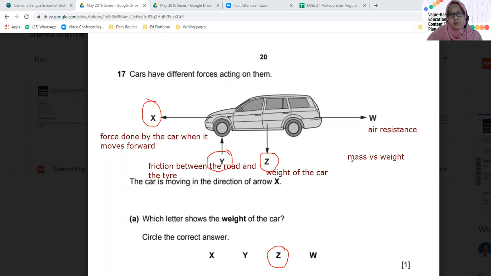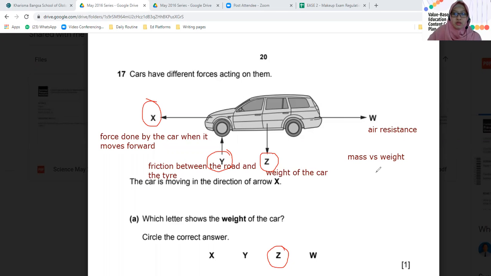It won't change wherever you are in this universe. Your mass will stay the same. For example, if the mass of a girl or a boy is 40 kilograms, then on the moon, on Mars, or anywhere else, it will stay 40 kilograms. How about weight?